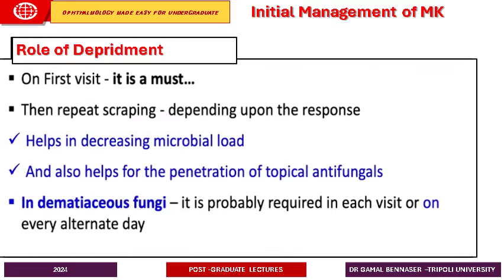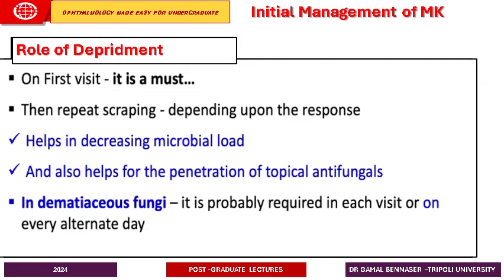Now, I would like to remind here about the role or the benefit of the scraping or the debridement of the corneal ulcer in fungal keratitis. It has an important role in debulking and decreasing the load of the fungus from the surface of the cornea, as well as improving the penetration of the antifungal drugs deeper into the stroma, because the presence of intact epithelium and debris will limit the absorption and the penetration of the antifungal drugs inside the cornea.